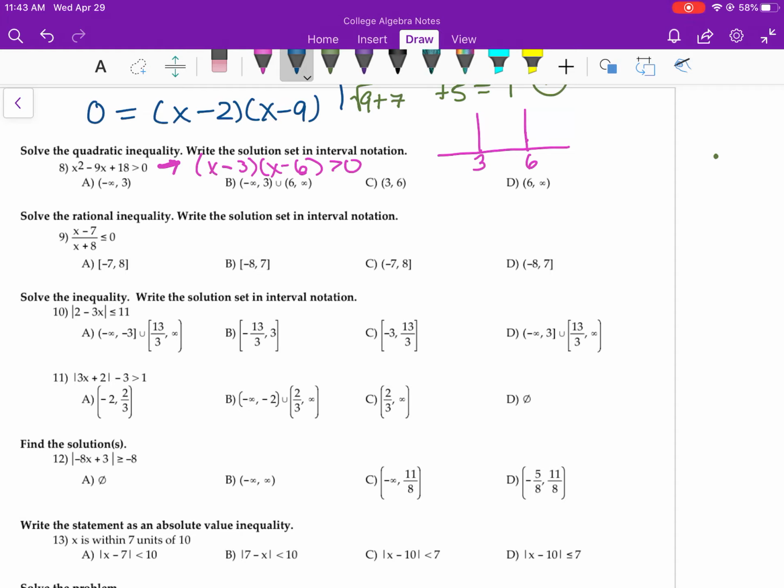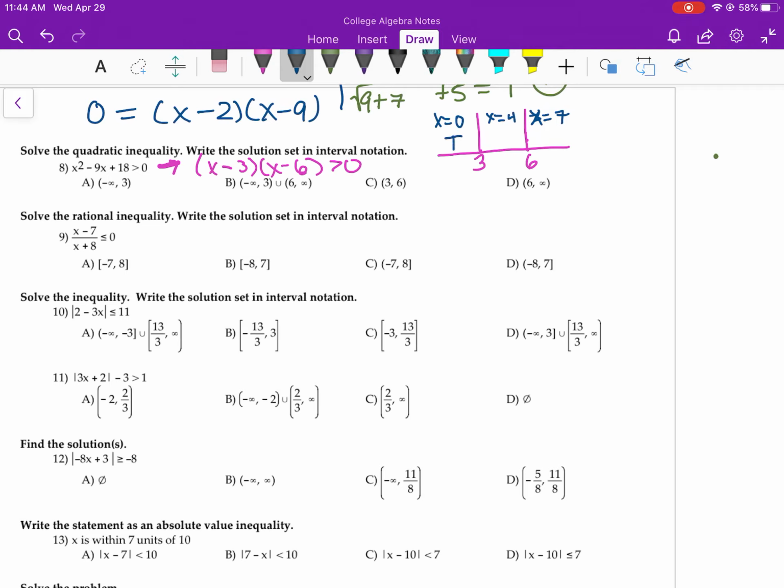So for example, we might let x equal 0 here, and maybe 4 here, and maybe 7 here. And then we plug them in and see if the inequality comes up to be true or false. For 0, if I plug that in, I'll have a positive product, which is what I want. I want it to be greater than 0, so this will be true.